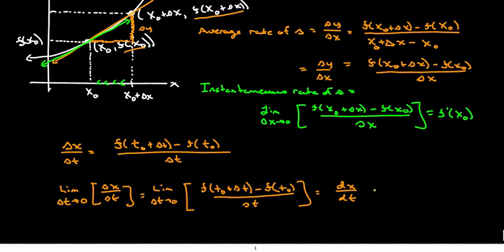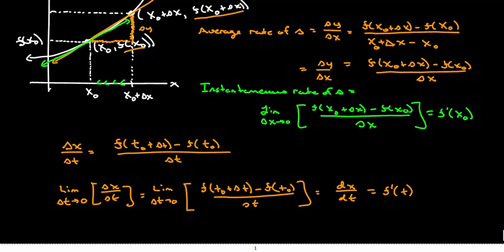Or you can think about it as f prime of t. Just like that. And so this is in general, if you want it at a specific point, then you pick your time value there.